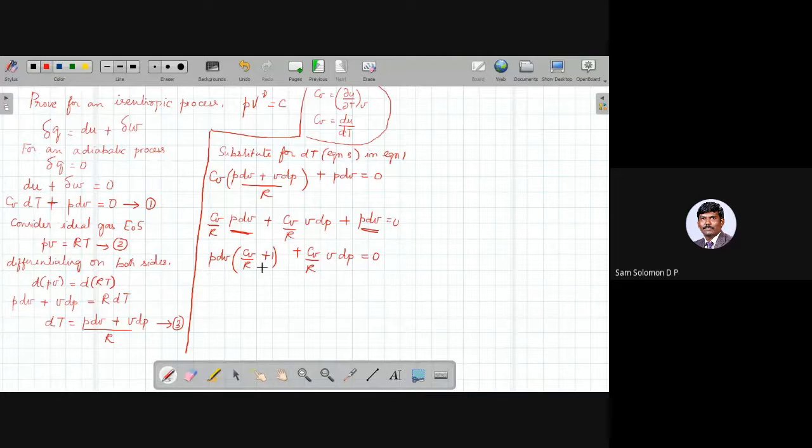We will skip this because this is not going to fetch us any result. Instead, you have R here in the denominator. Here there is no denominator, so you can multiply this with R and take this to the right hand side so that this R gets eliminated in the denominator. So this is Cv times PdV plus Cv times VdP plus R times PdV equal to 0.